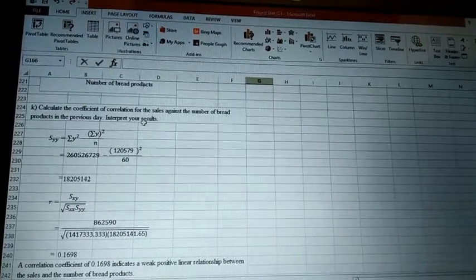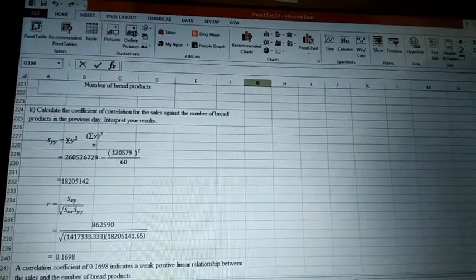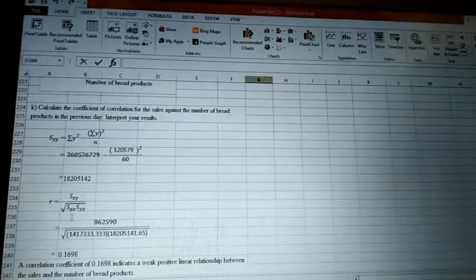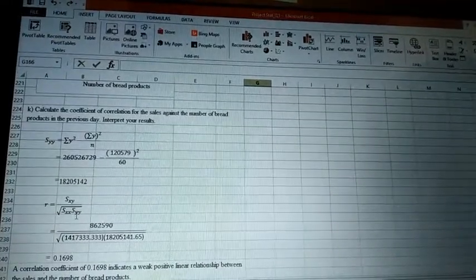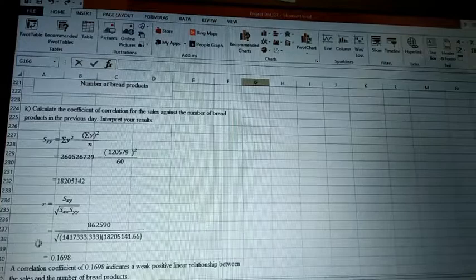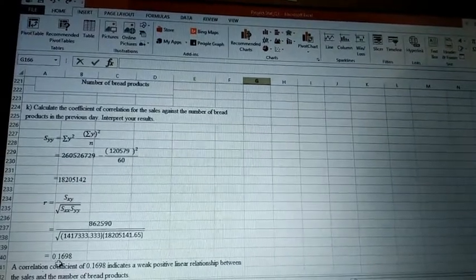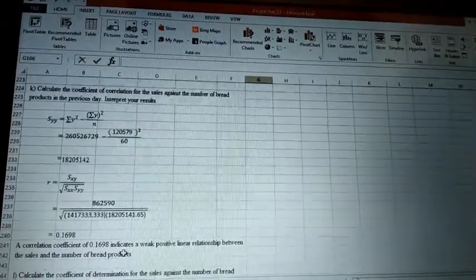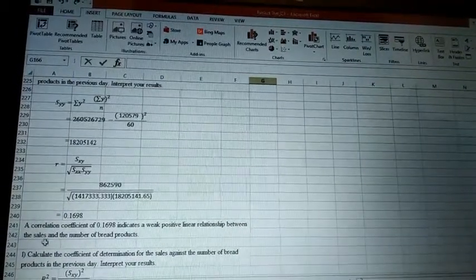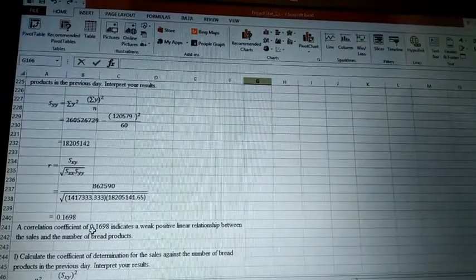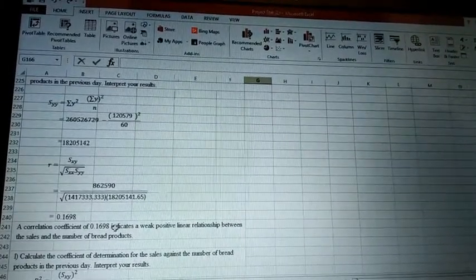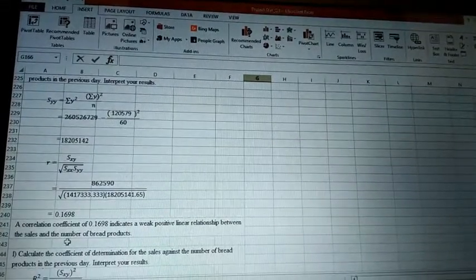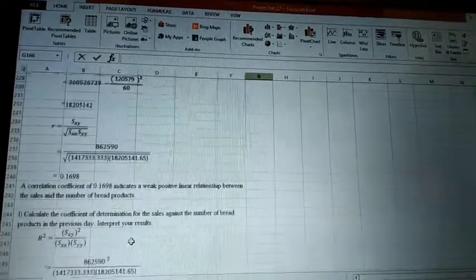So to find the coefficient of correlation, the formula is r equal to Sxy divided by square root of Sxx multiplied with Syy. We calculate and then we get 0.16898. So this shows the correlation coefficient of 0.16898 indicates a weak positive linear relationship between the sales and the number of bread products.